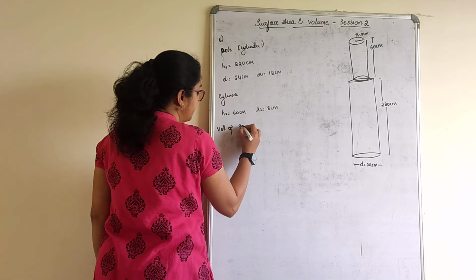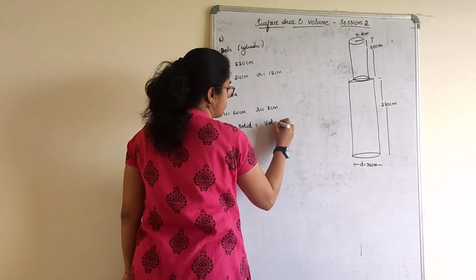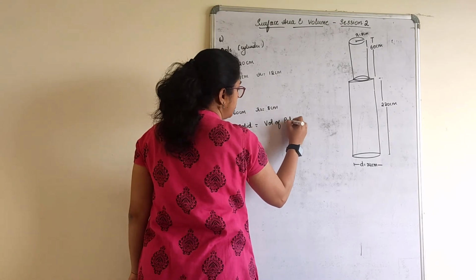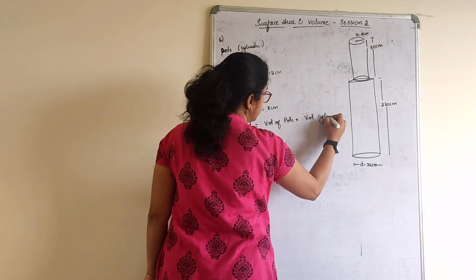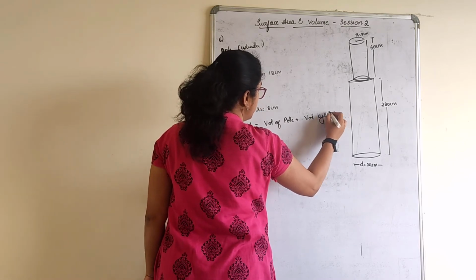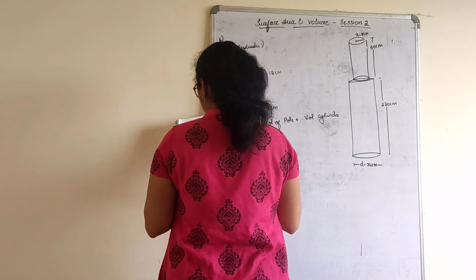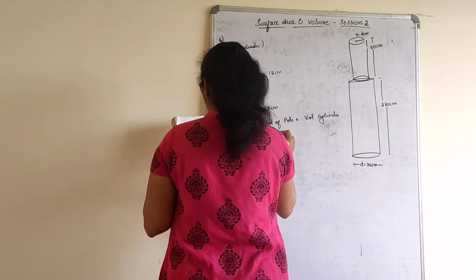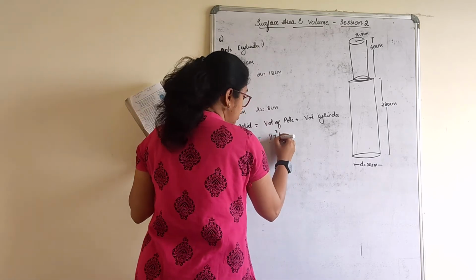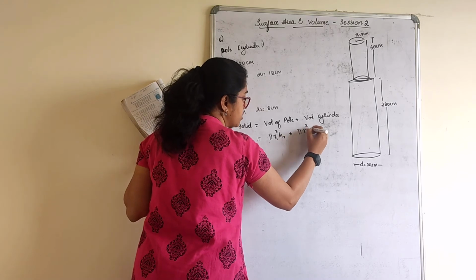Volume of solid, I will write, that is total volume of pole plus volume of cylinder. Pole is also a cylinder only, but still as they have given, we will write it in that manner. So formula pi r square h. So this is R1 H1. Pi r square h.